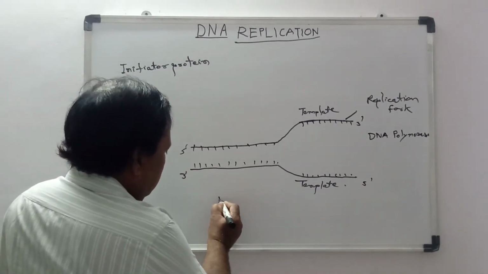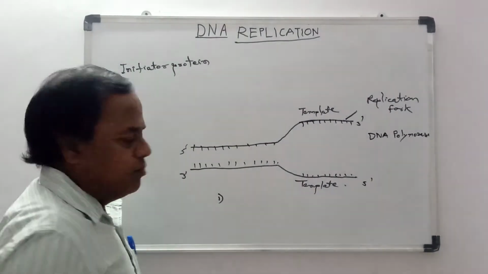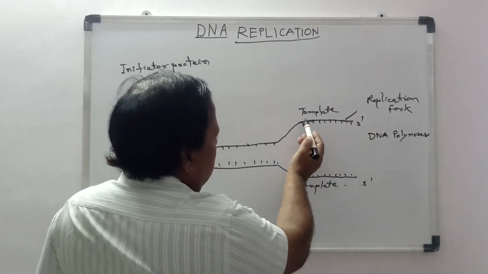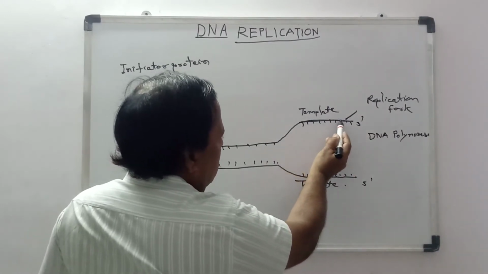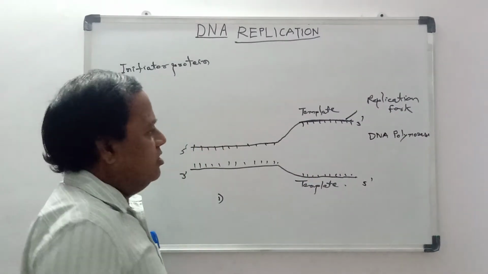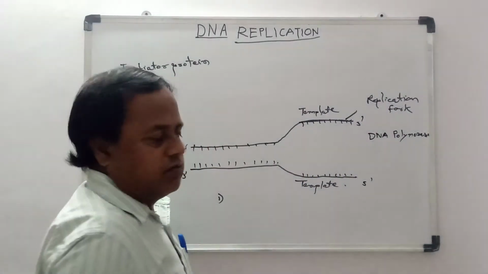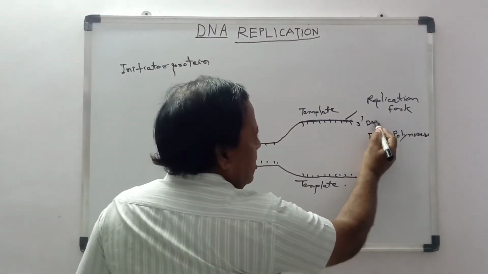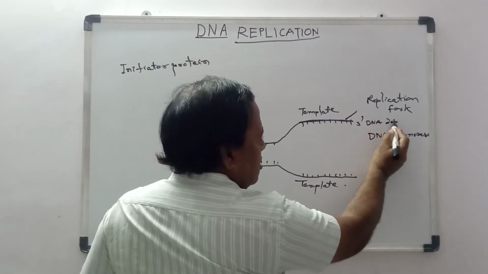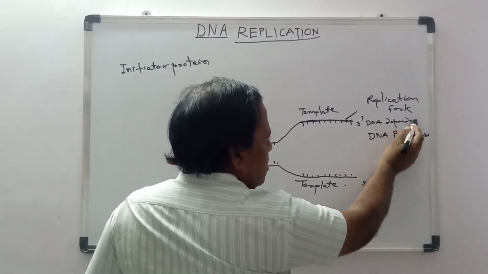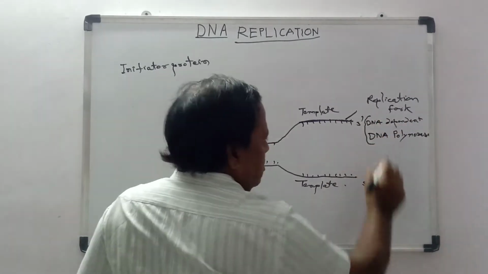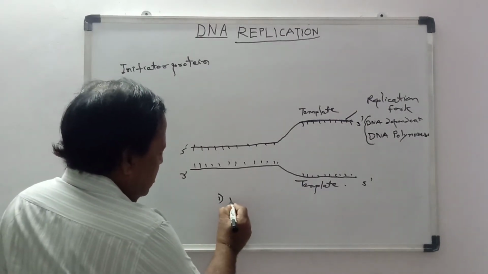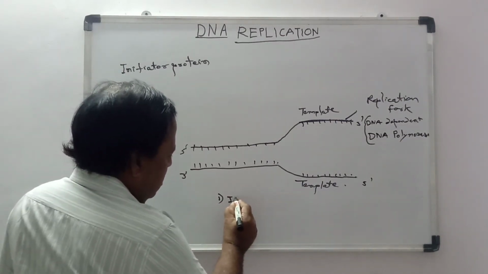Let us first write down some specific features of DNA polymerase. As this DNA polymerase is dependent on this template for the formation of new DNA, it is called DNA dependent DNA polymerase. So the full name of the enzyme is DNA dependent DNA polymerase. The main feature of this enzyme is that it acts on the single strand of DNA.